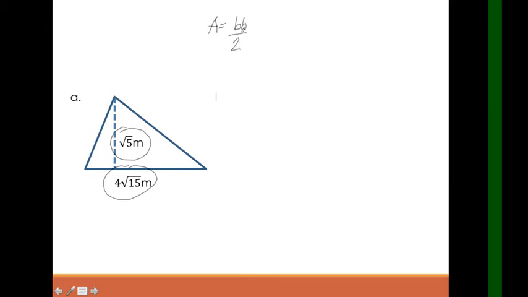That is base times height divided by 2. Our givens in the problem are the following. The base is equal to 4 square root of 15. Later we will write the measurements. And for the height, we have square root of 5. And 2 is a constant, it is given.